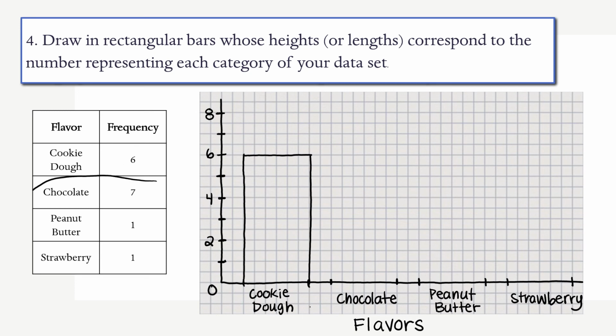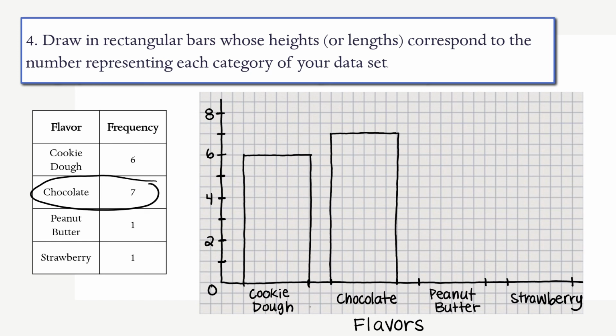Next up, we have chocolate ice cream. There were 7 orders of chocolate ice cream, and 7 is about here. So we want to make sure that we go all the way up to 7 for chocolate. Doing our best to draw straight lines if we can't use a ruler, and using a ruler to draw those straight lines if we can.